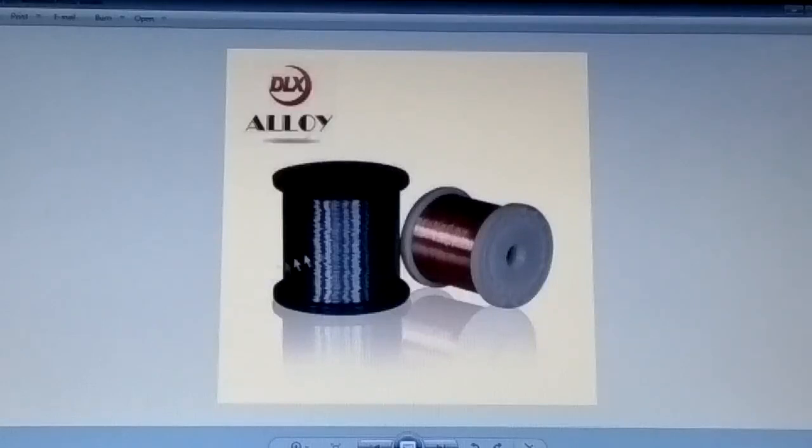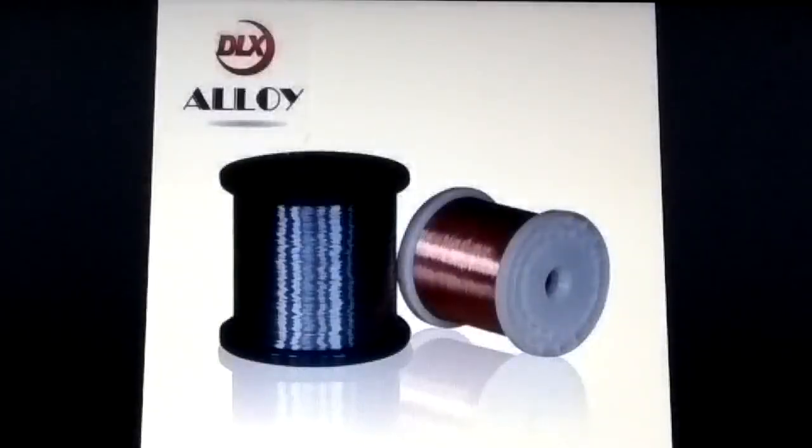Observe students, these are alloys. You might have seen them in electrical shops. This is an example of constantan wires. I think you are clear about constantan wires.